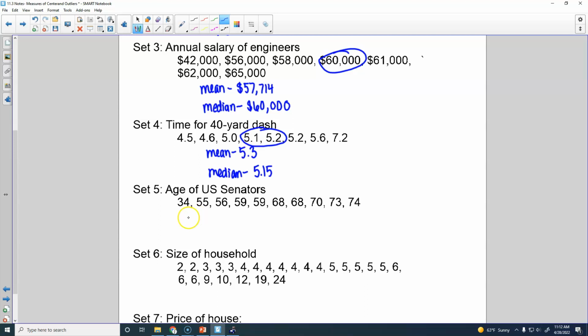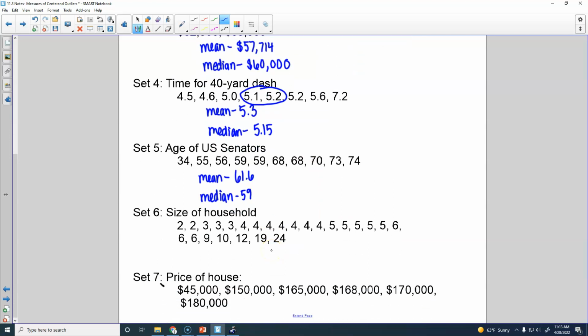Let's see, for 5, 61.6, and median, okay. Set 6 down here on the end, and yeah, 32. Okay? Oh, sorry.